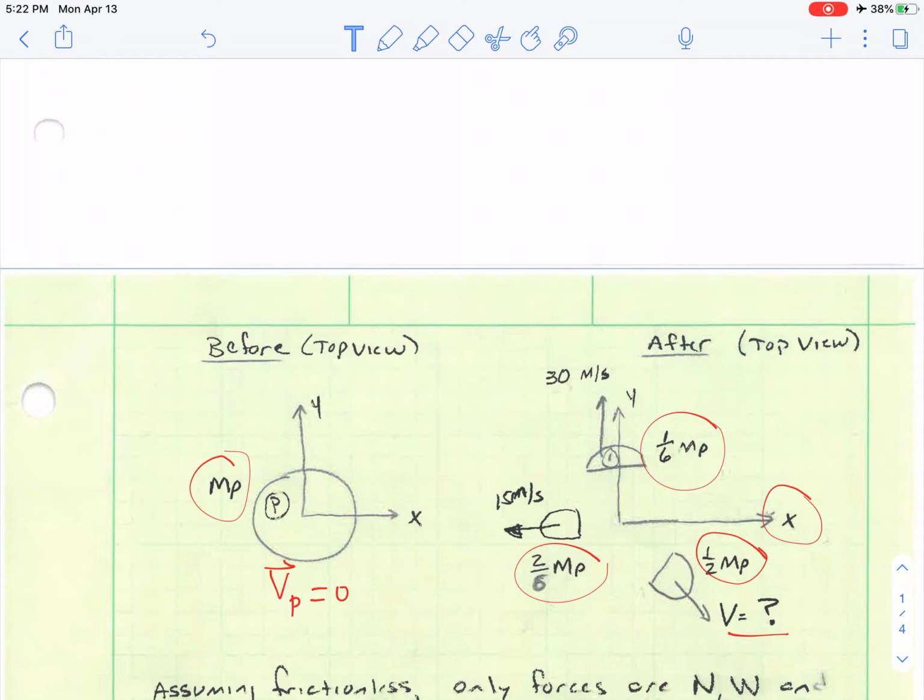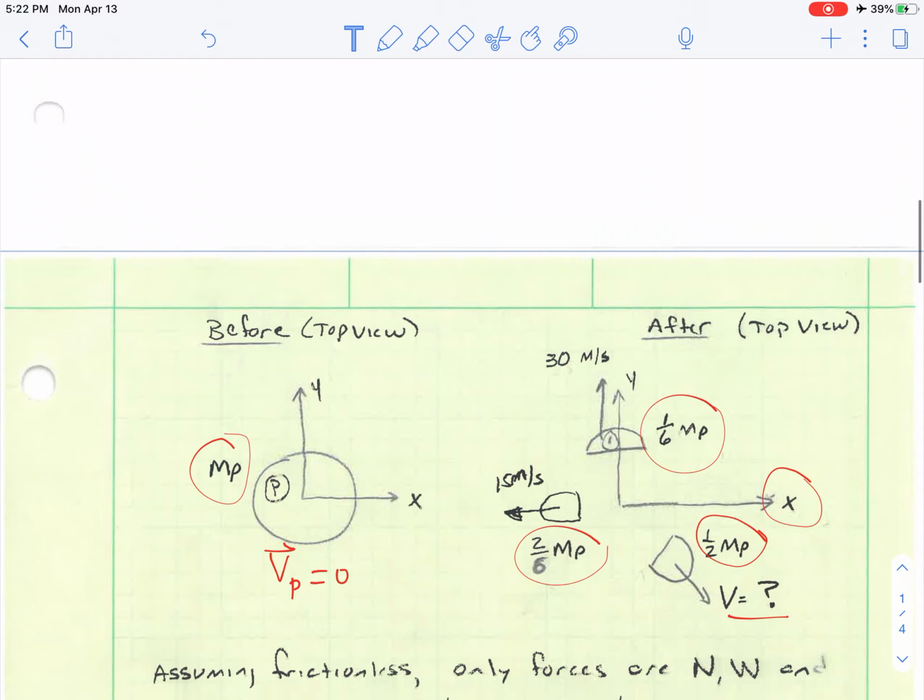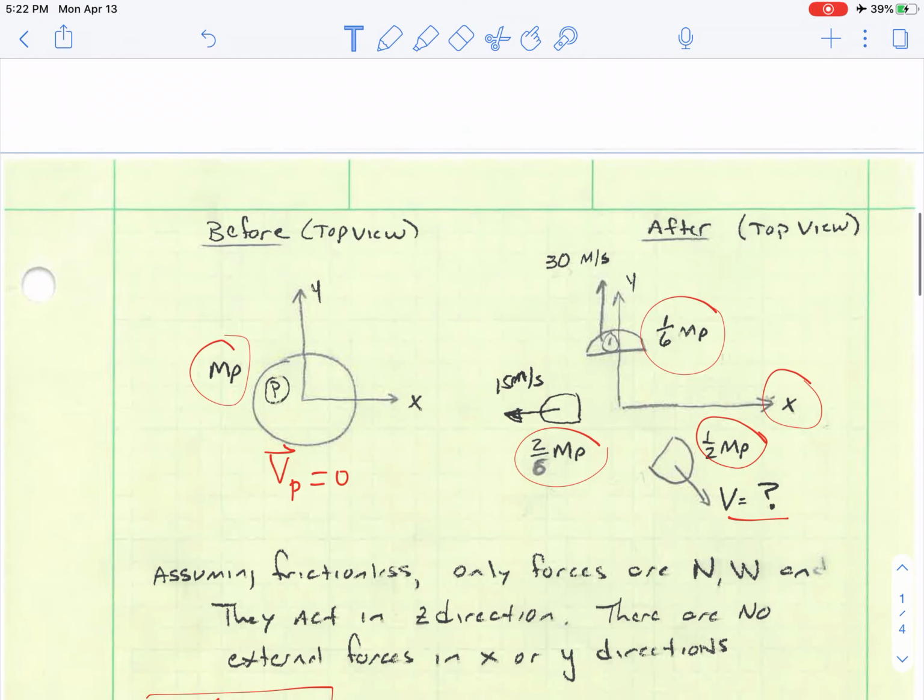These three pieces make up the system, so you do not show the explosion force. The other forces are the normal force and the weight force, and we assume that it's frictionless. The normal force is going to be out of the page and the weight force is into the page, so they are along the z direction. And there are no forces along x or y.